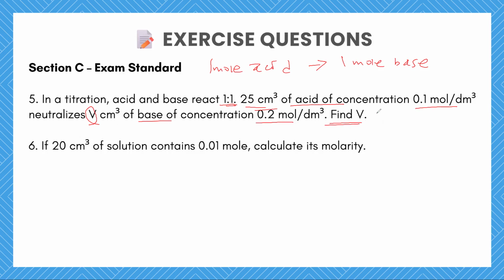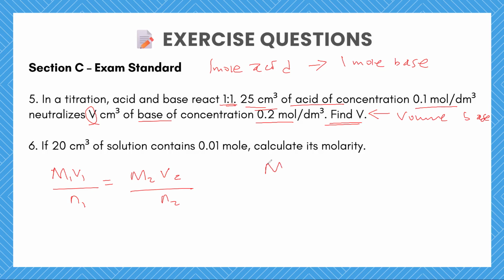Find V. V here stands for the volume of the base. So let's put down the formula. We know that the formula for this is M1 V1 divided by N1 is equal to M2 V2 divided by N2.